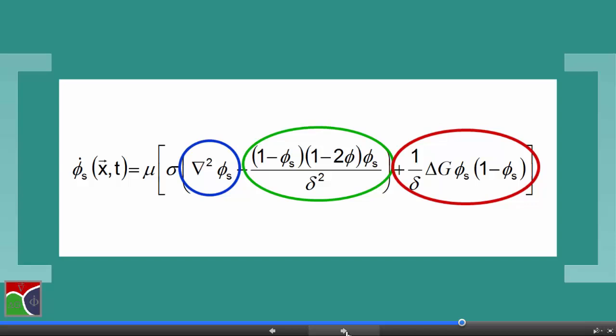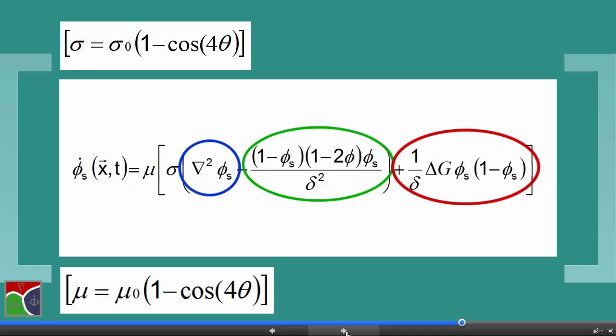The two parameters sigma and mu may be considered as anisotropic here in this case, just for a two-dimensional case with fourfold anisotropy. These descriptions become more complicated in 3 dimensions.